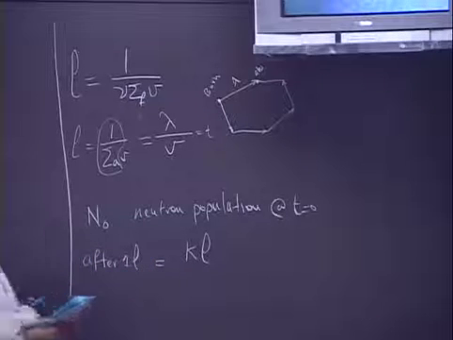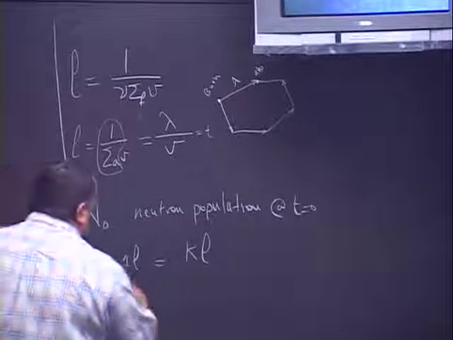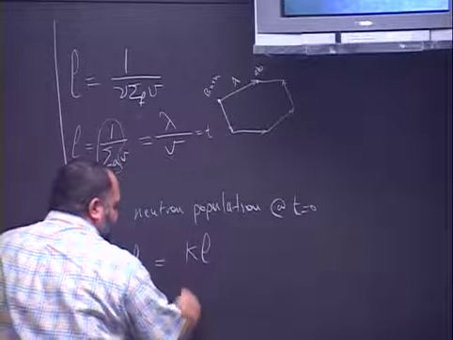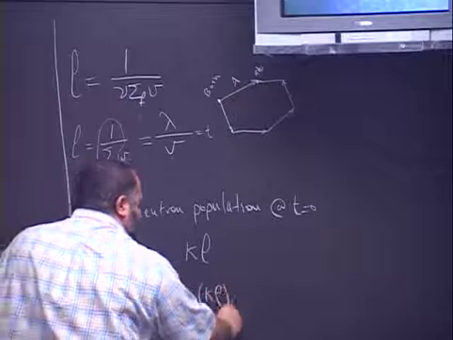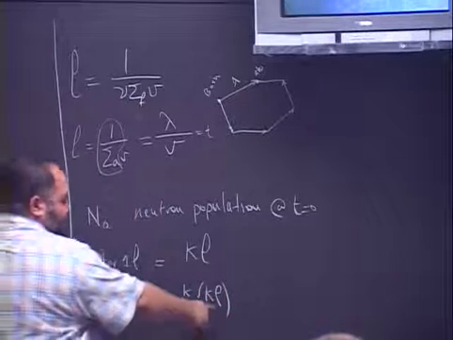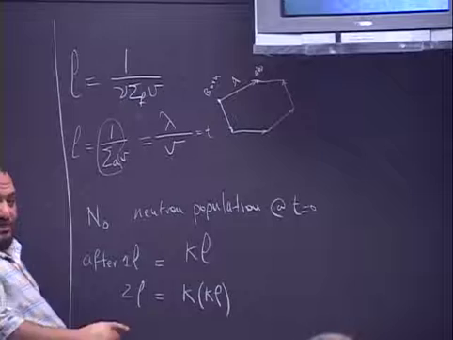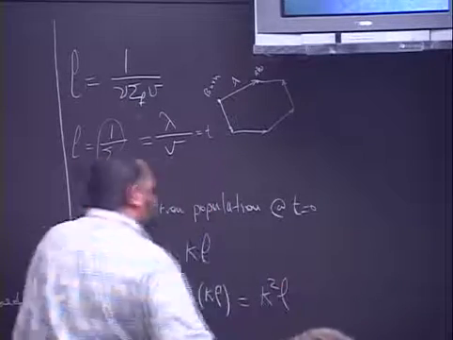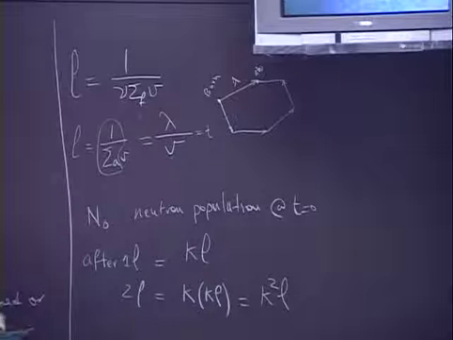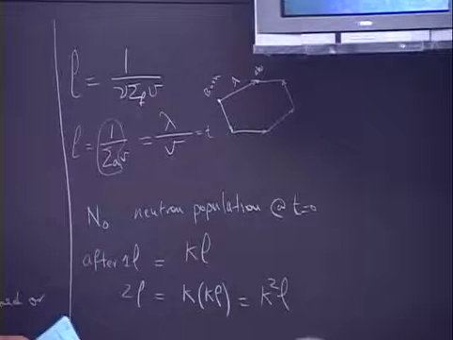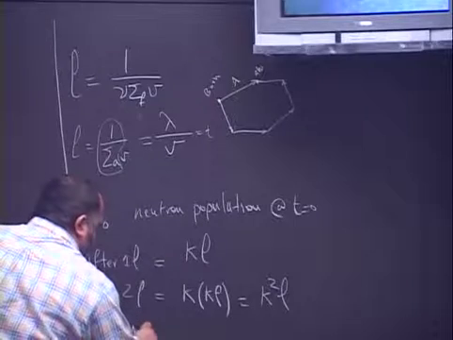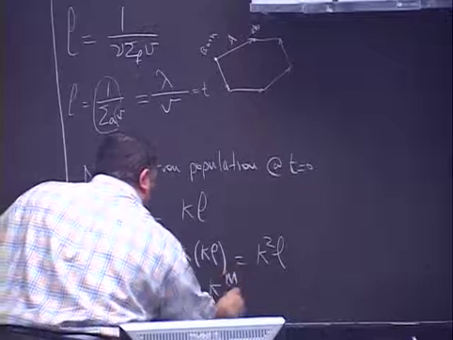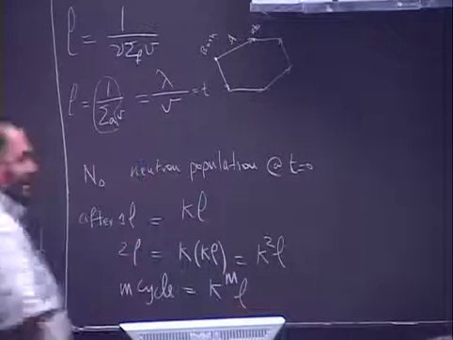After 2 cycles, 2L, what will this be? K multiplied by K N naught, yes, because the previous generation was K N naught, so I have to multiply it by K. So this will give me K squared N naught. After M cycles in the reactor, M cycles or lifetimes, this will give me K to the power of M multiplied by N naught.